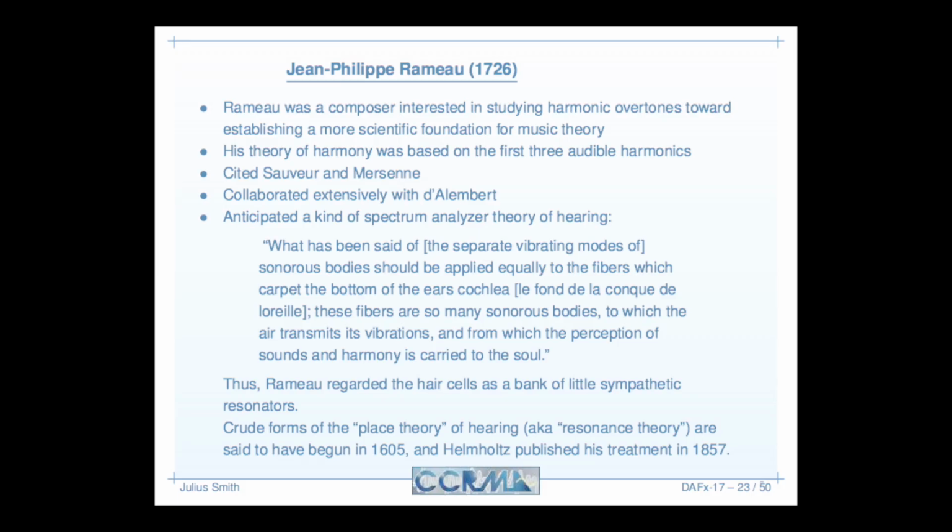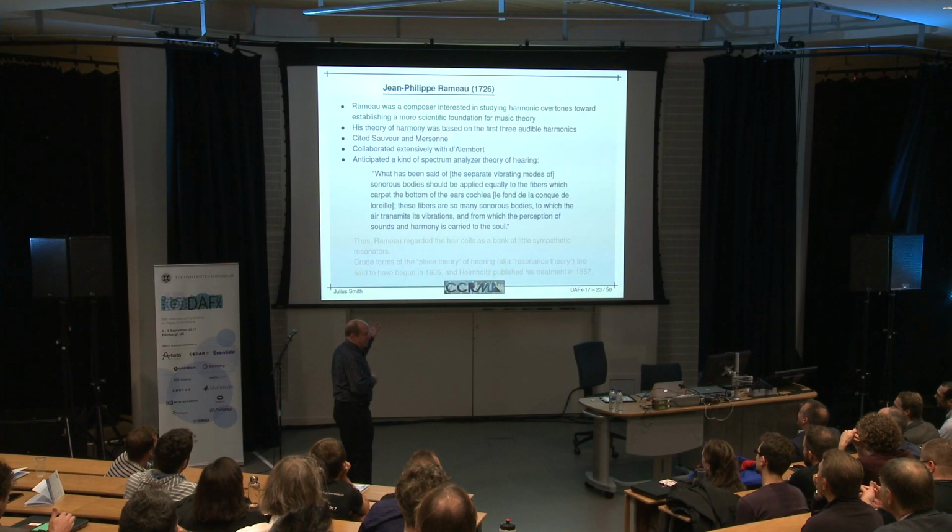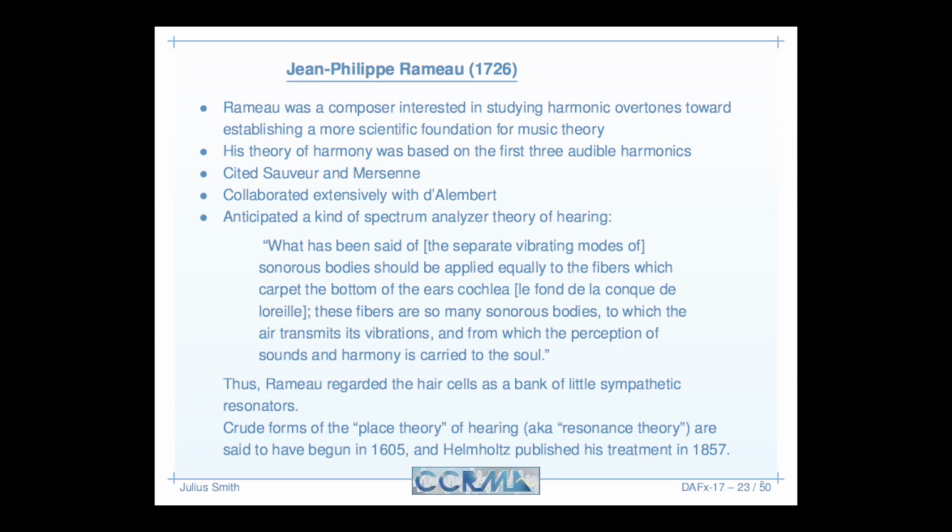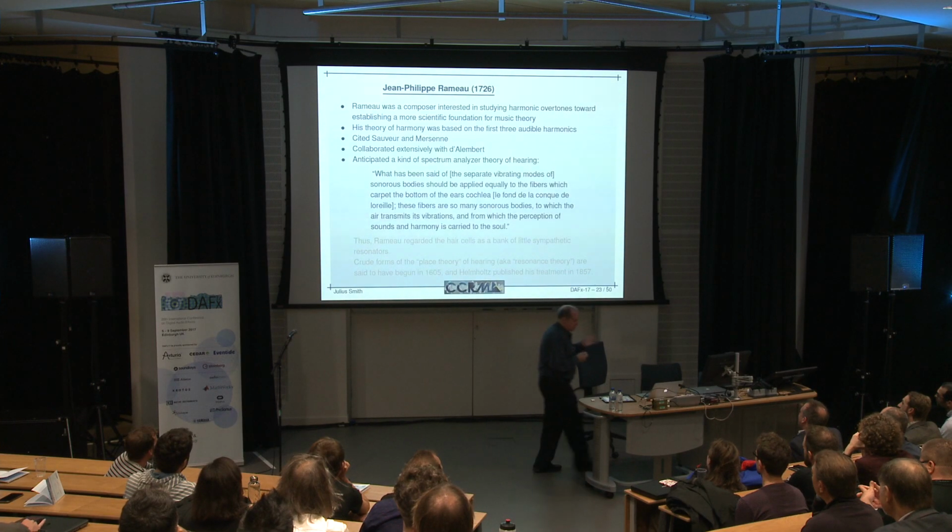So we had the anatomy. We learned from our bus tour that there was grave robbing going on so that surgeons could take bodies apart and find out that there are hair cells in the ear. "And so these fibers are so many sonorous bodies, to which the air transmits its vibrations and from which the perception of sounds and harmony is carried to the soul." That's the circuit.